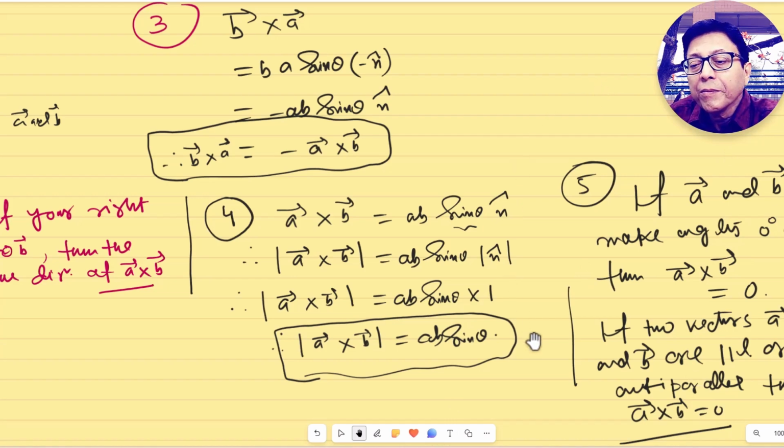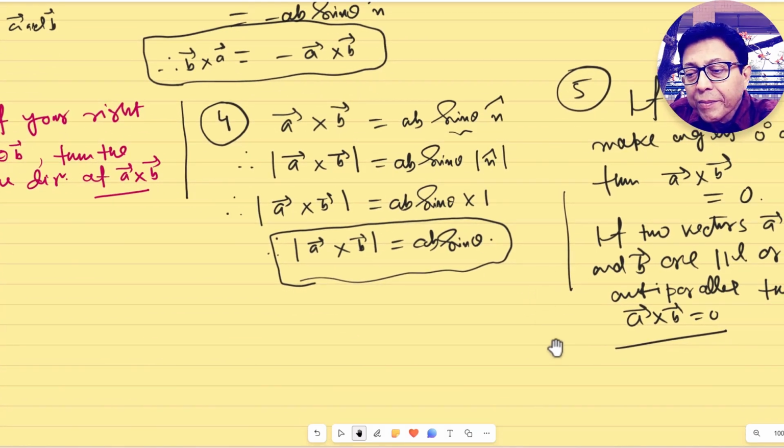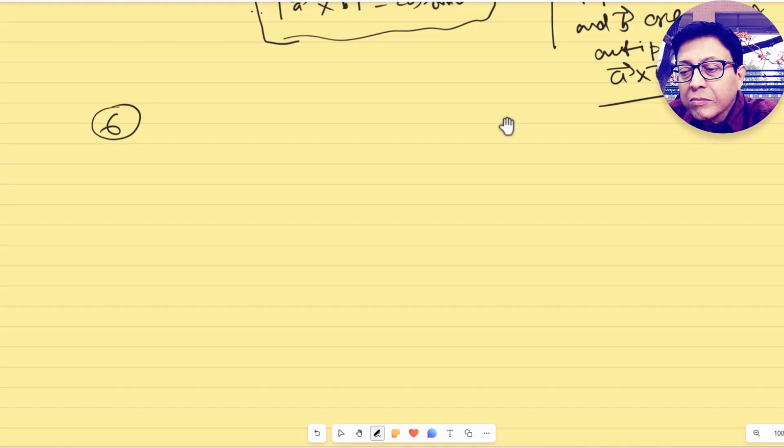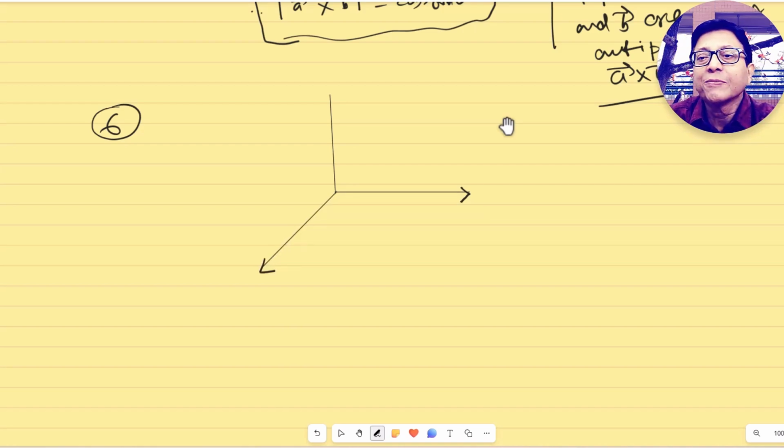If two vectors A and B are parallel or anti-parallel, then A cross B has to be equal to 0.